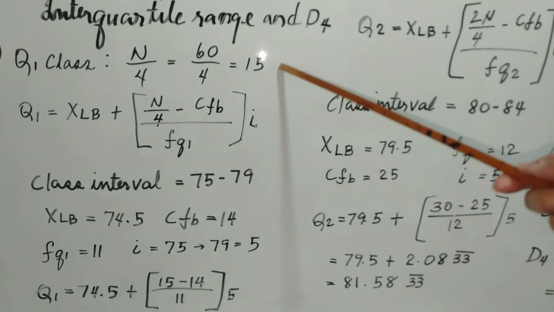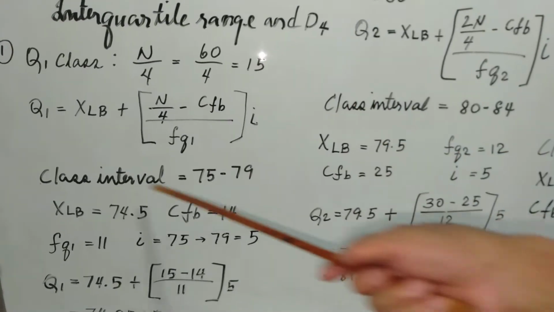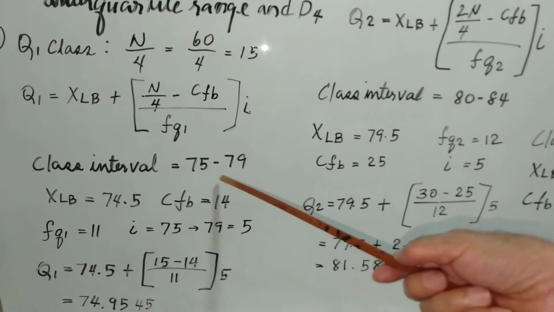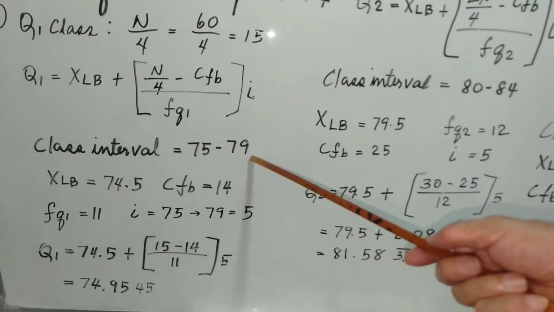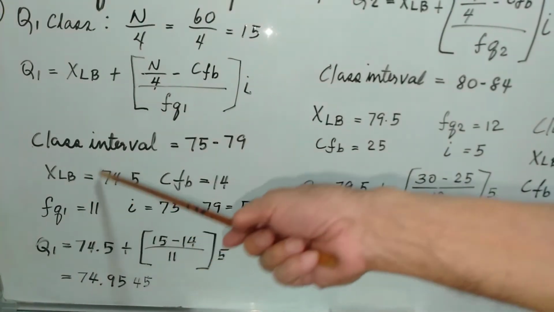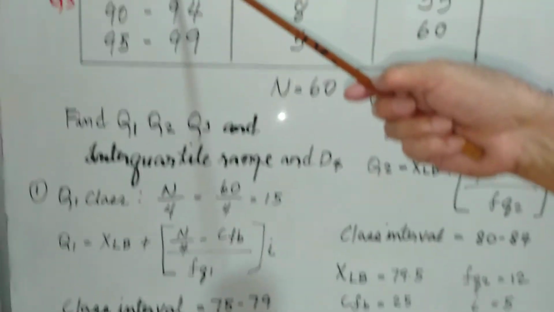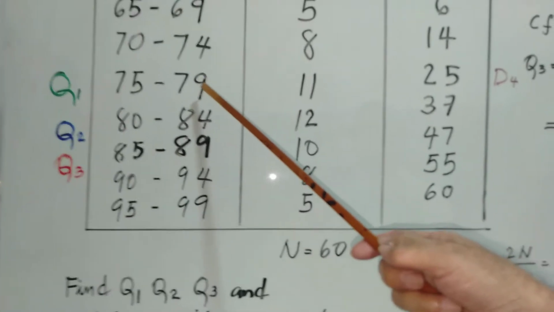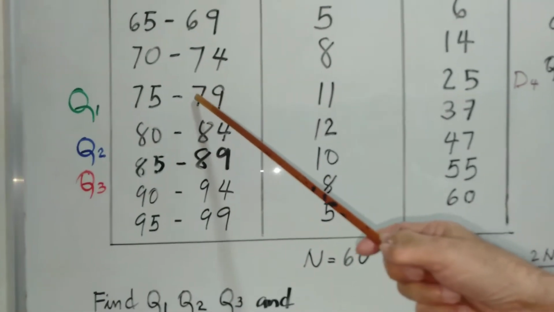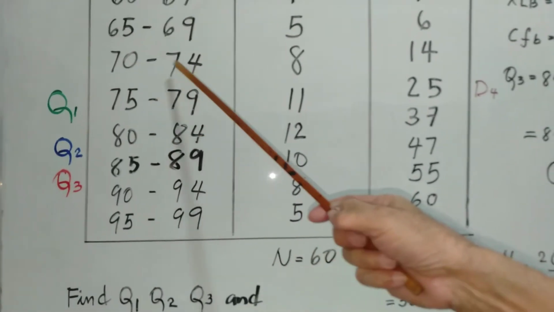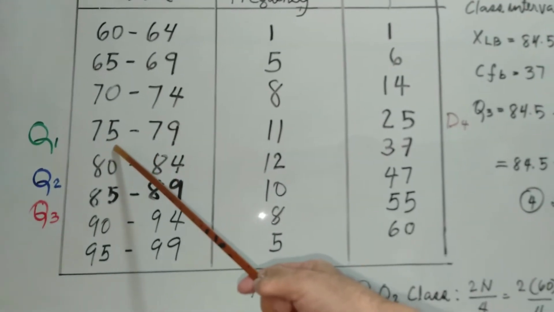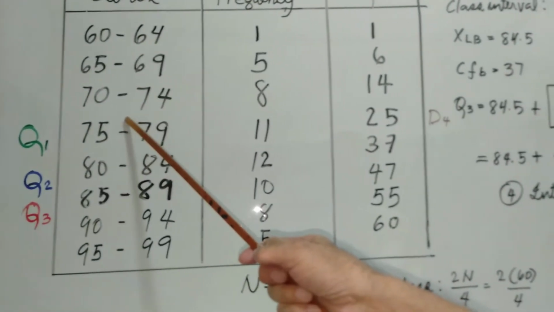But first, since we have found the class interval to be 75 to 79, the lower bound will be the value. If we look again at this table, XLB will be between 74 and 75. So that will be 74.5.